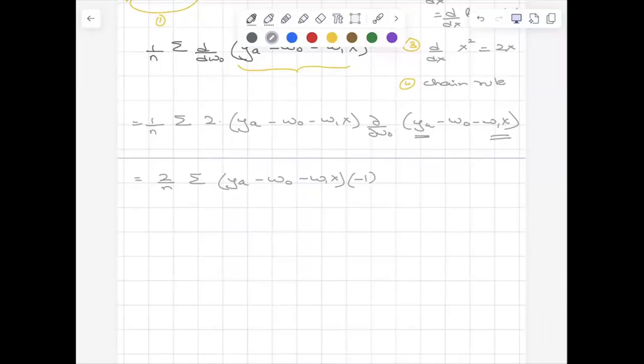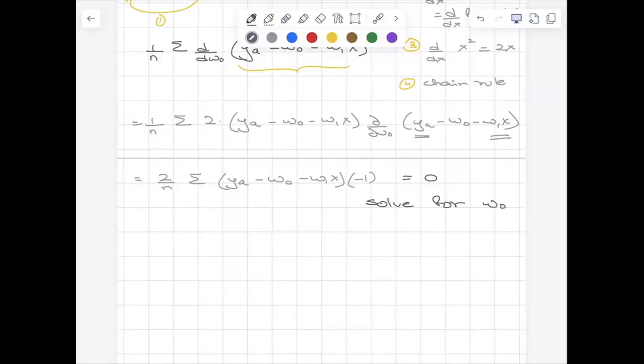And then I'm just going to set this equal to 0. And then I will solve for w naught. Everything okay so far? I know this is a lot of math.